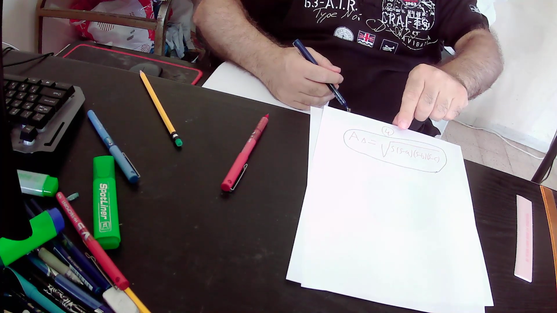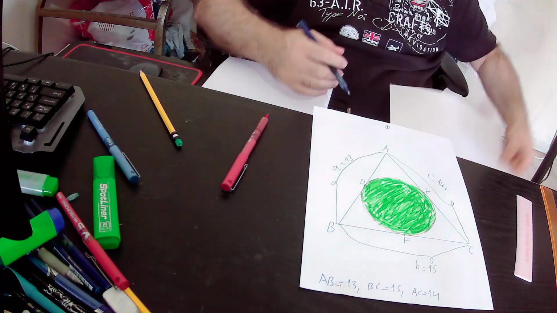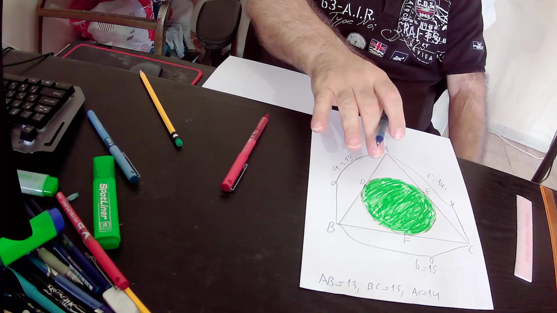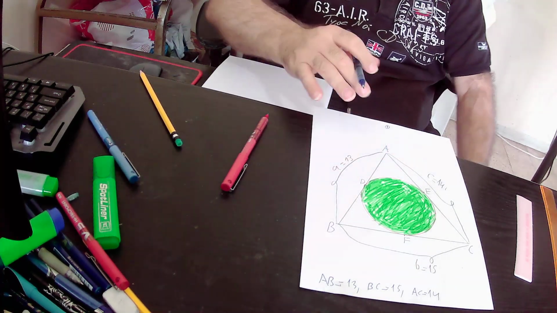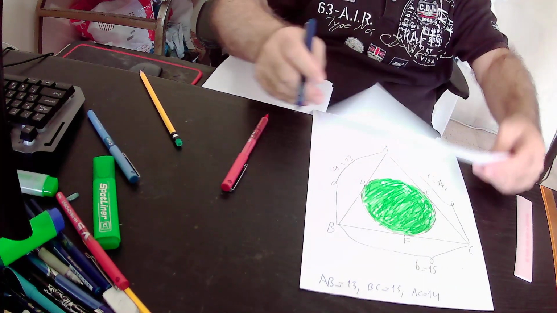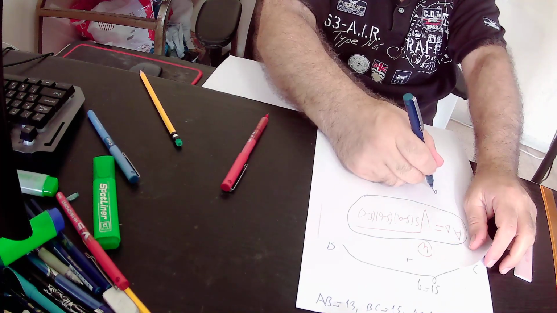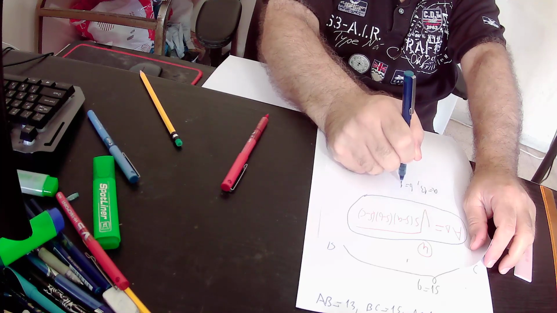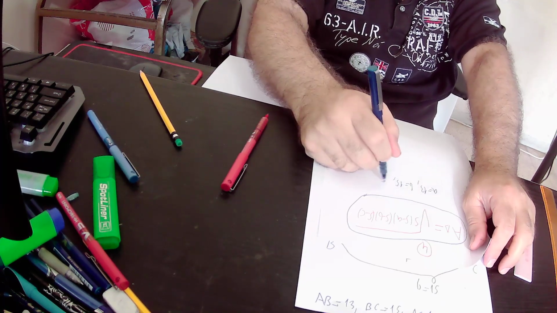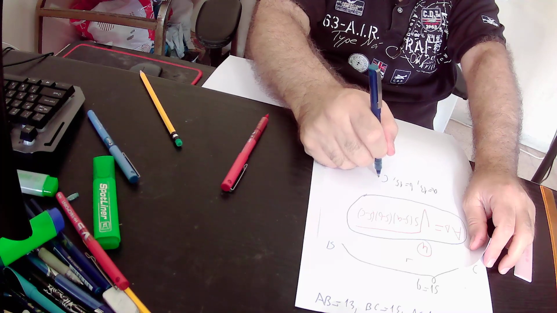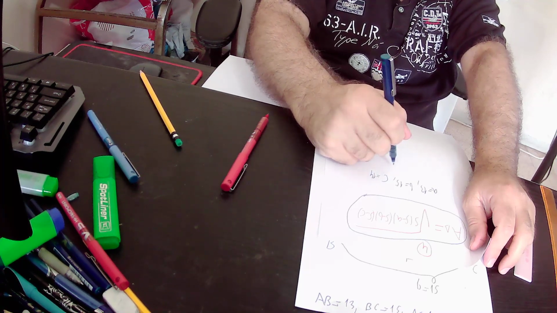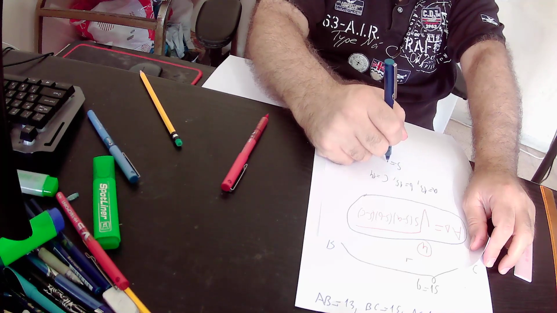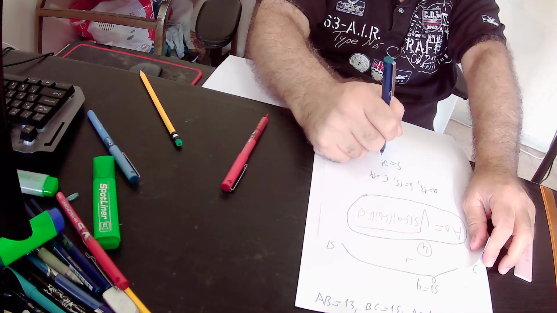Okay, and in our example we do know the sizes of all the sides of triangle ABC, because we know the side a of triangle ABC equals 13 units, side b equals 15 units, and side c equals 14 units, and we also found out that the semi-perimeter of triangle ABC equals 21 units.